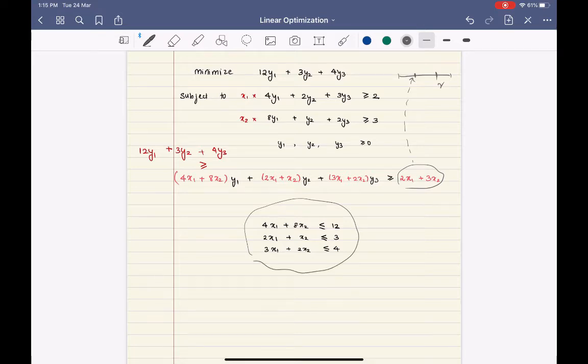Okay, now as you vary x1 and x2 along this set of constraints, you will get various values for this particular function, and they will be at most gamma. Okay, now what we want is to maximize this quantity so that we can reach gamma. So this gives us an objective: maximize 2x1 plus 3x2.